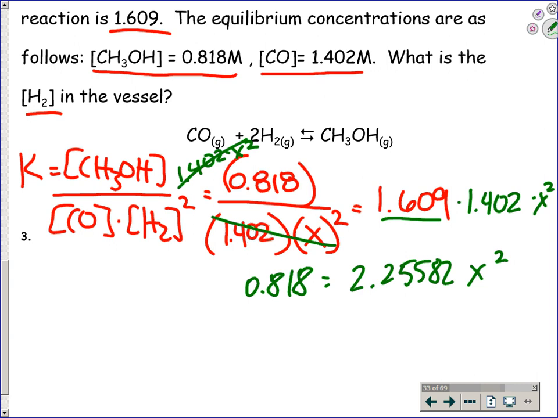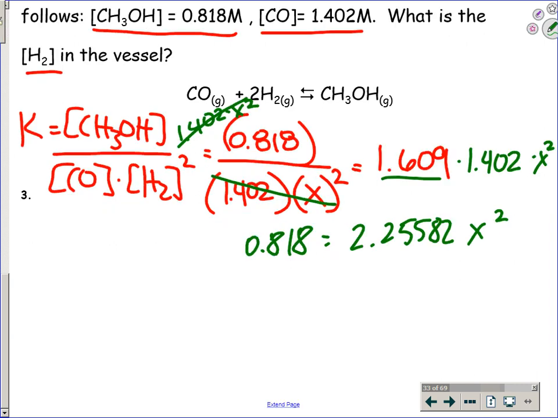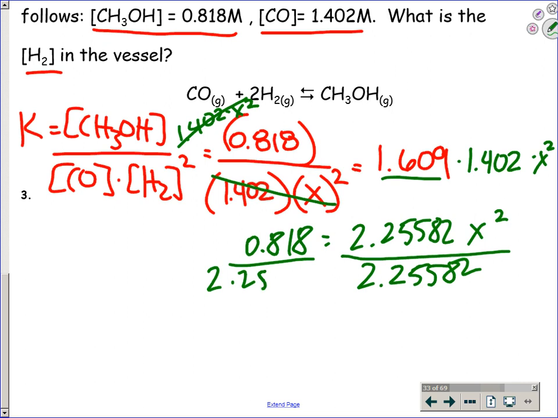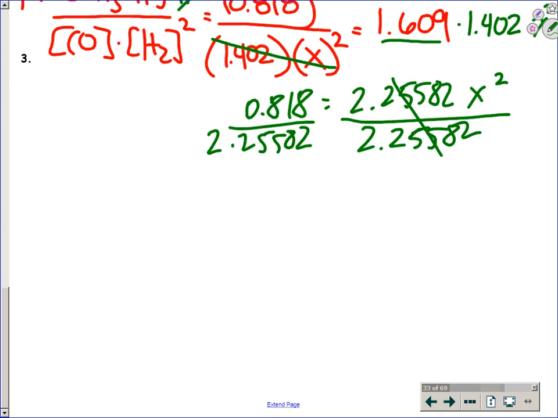Now how do I get x squared by itself? Divide by the 2.2 number, 582. Okay, so that cancels. So then what's 0.818 divided by 2.25582?